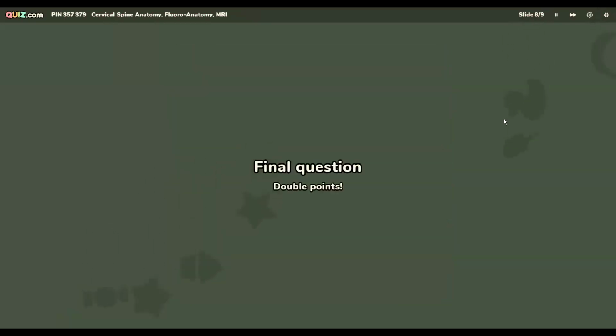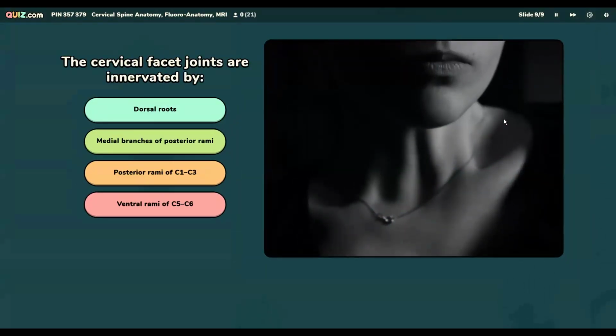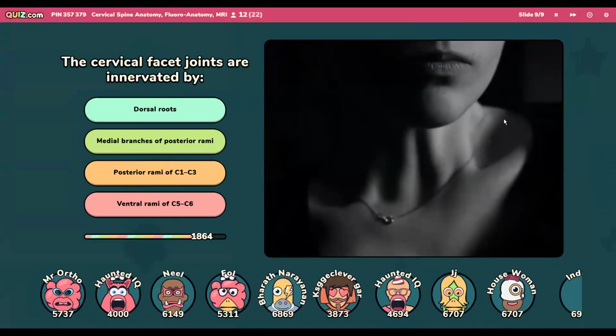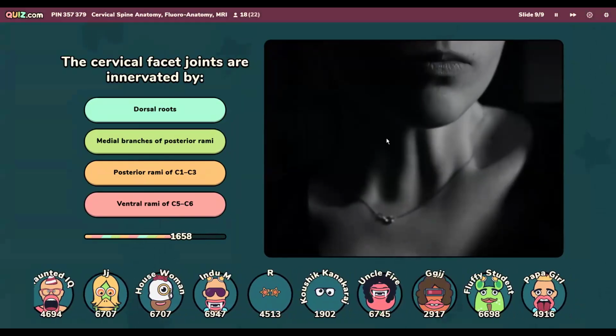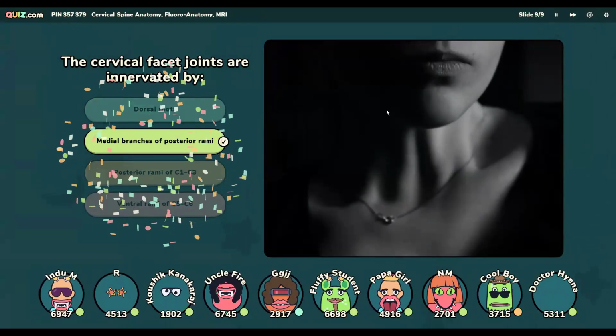Final question, double points. The cervical facet joints are innervated by? Medial branches of posterior rami.